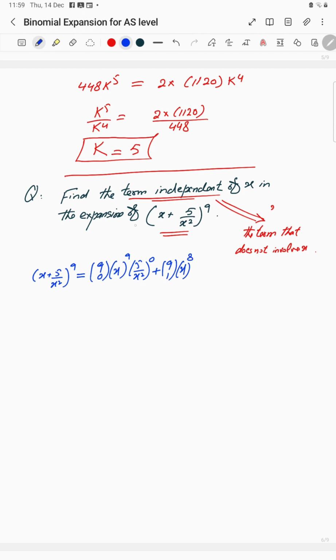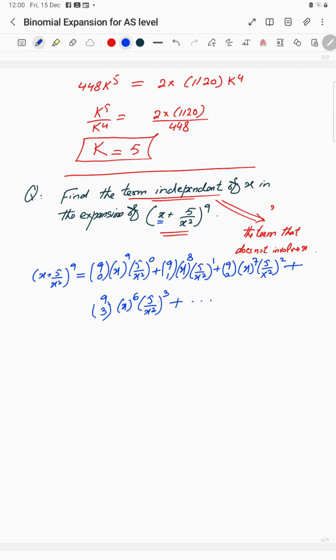X will be a, and x squared is b. 5 by x² power 1 plus 9C2 x⁷, 5 by x² power 2, which is x⁴ and x⁷, plus 9C3 x⁶, 5 by x² power 3, plus so on.